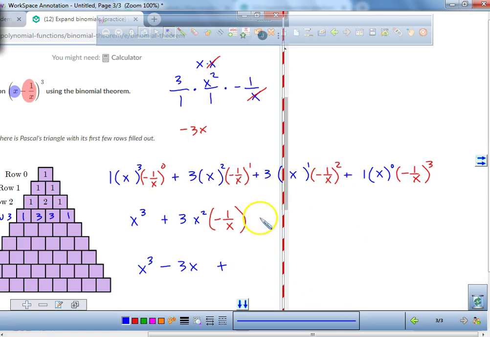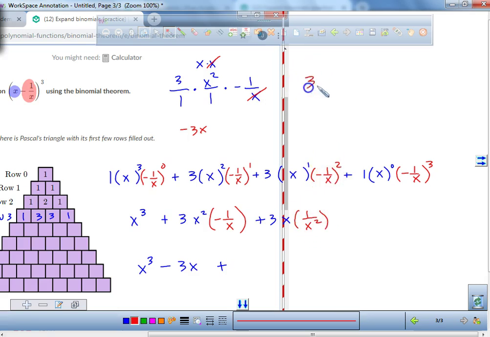Now over here we have plus a 3x times a positive 1 over x squared, because a negative 1 over x times a negative 1 over x becomes a positive 1 over x squared.